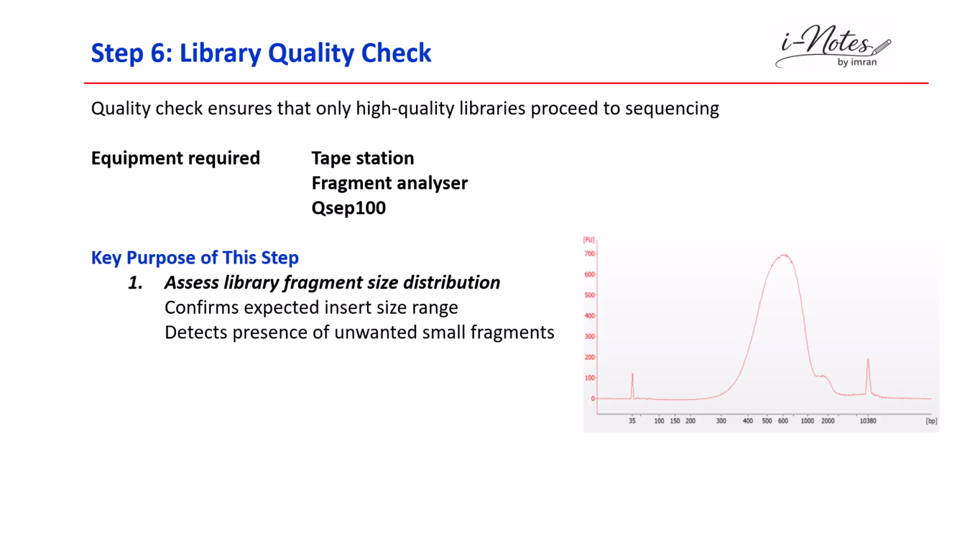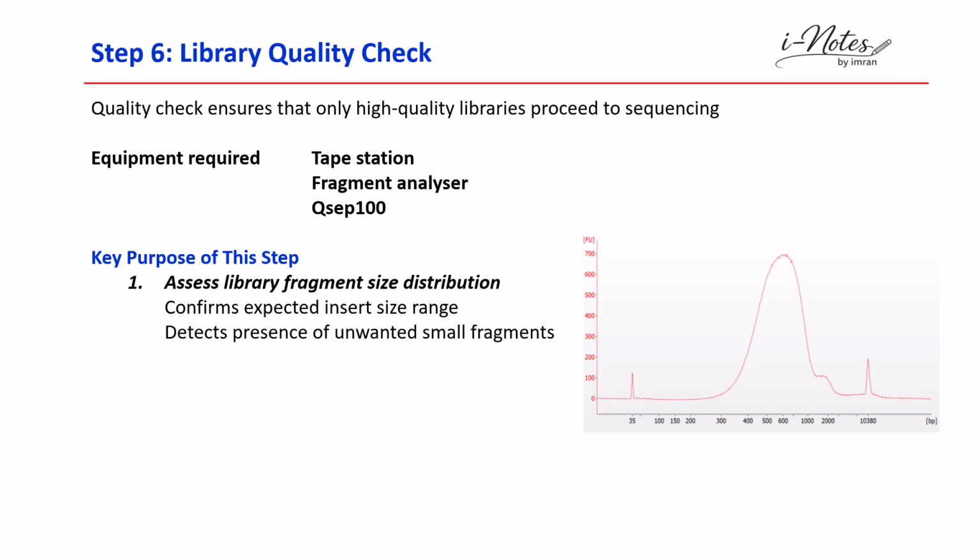Basically this step will assess the library for fragment size distribution. What is important here is that you should see a single peak of the desired size. As the graph shown here, you can see a single peak.